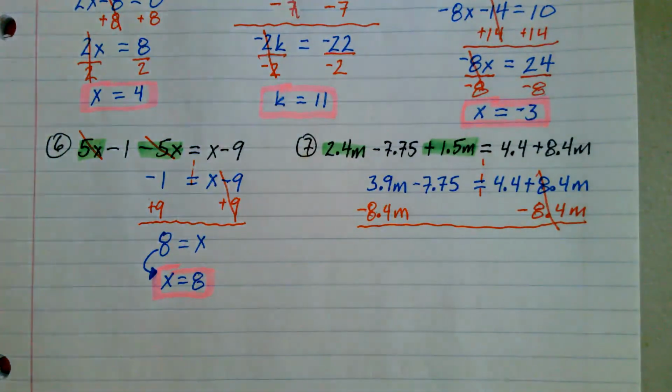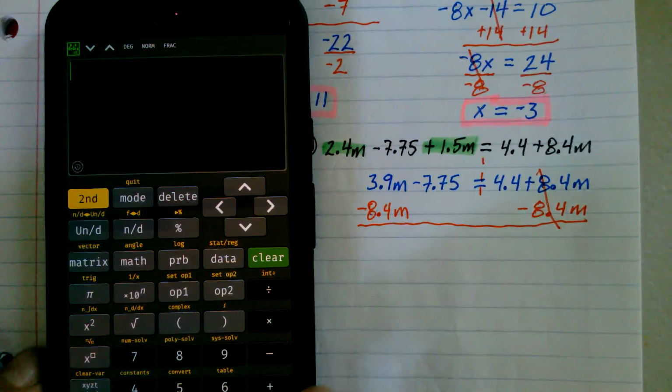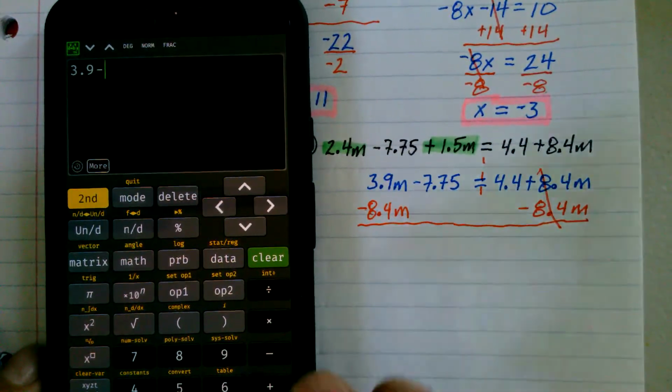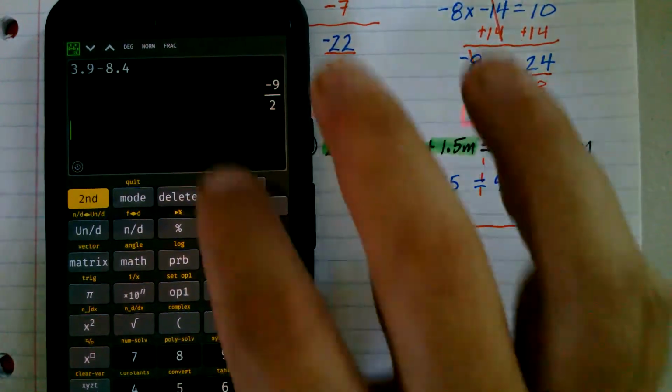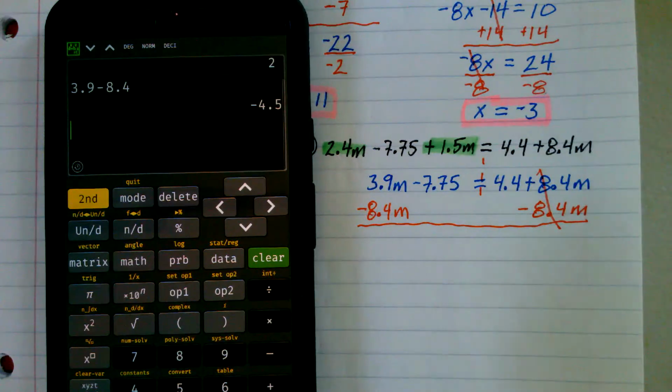So for this, maybe we need a little calculator help. That's okay. So I'm going to do 3.9 take away 8.4. Oh, I get negative 4.5.